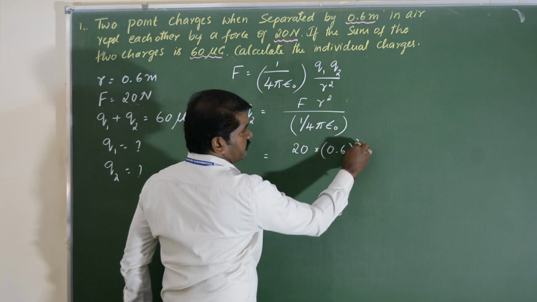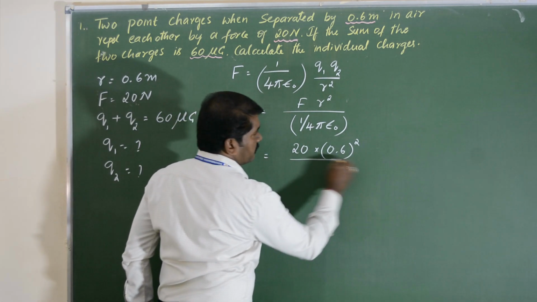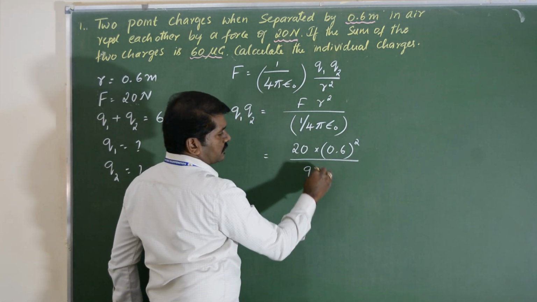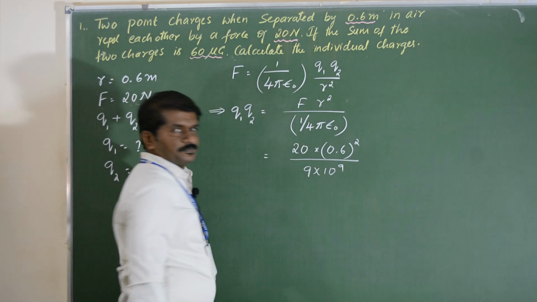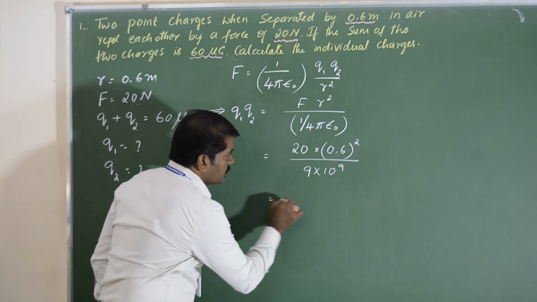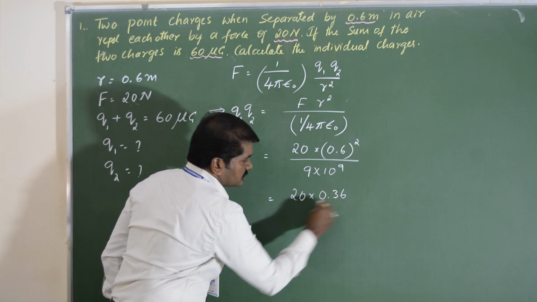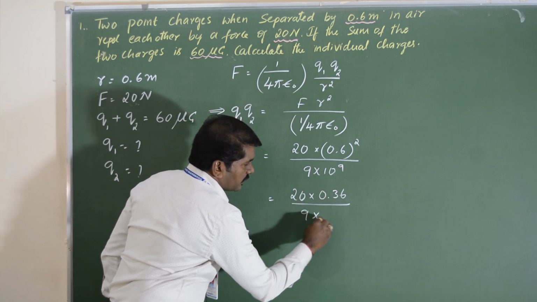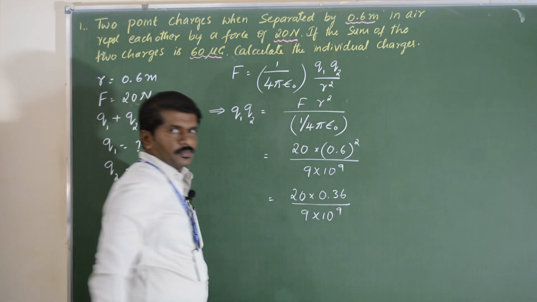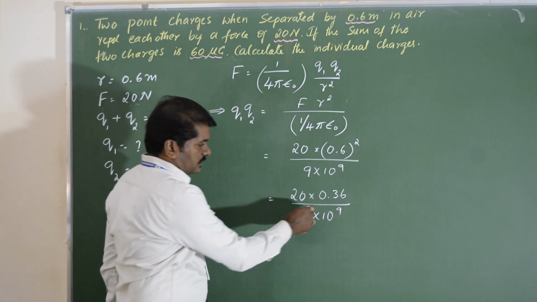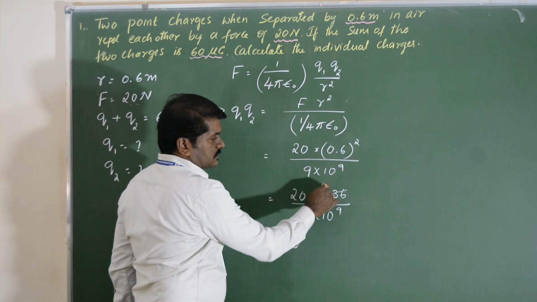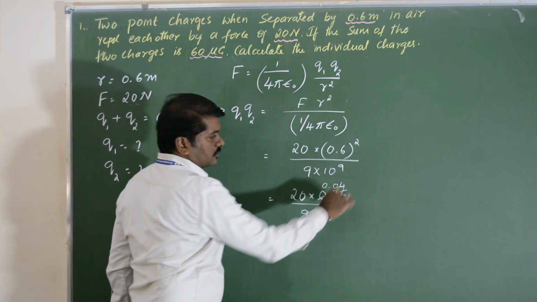r is 0.6 whole square divided by 9 into 10 power 9. Then that is equal to 20 into 0.36 divided by 9 into 10 power 9. As we know, 9 ones are 9, this becomes 0.04.